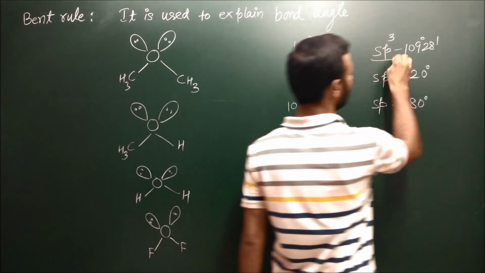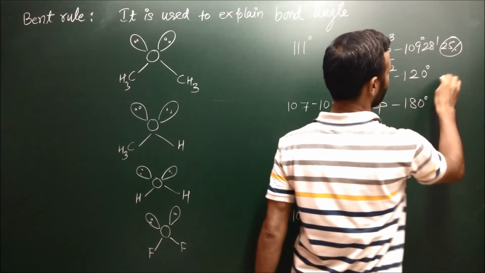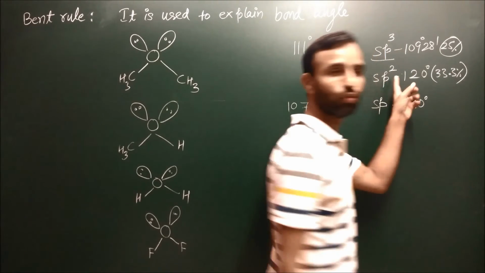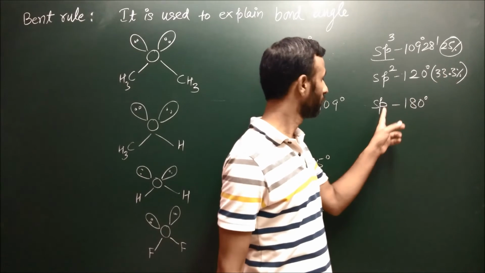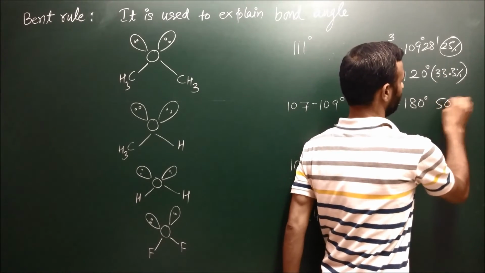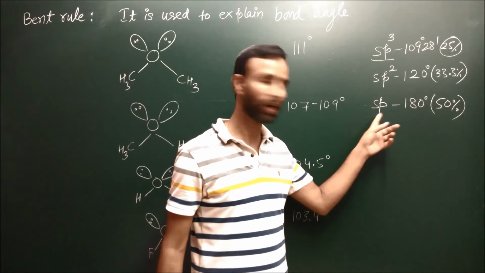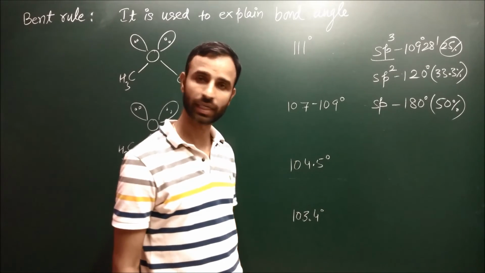In sp3, the percentage of S character is 25%. In sp2, the percentage of S character is 33.3%. In sp, the percentage of S character is 50%. There are two orbitals, one S and one P, so 1 by 2 into 100.